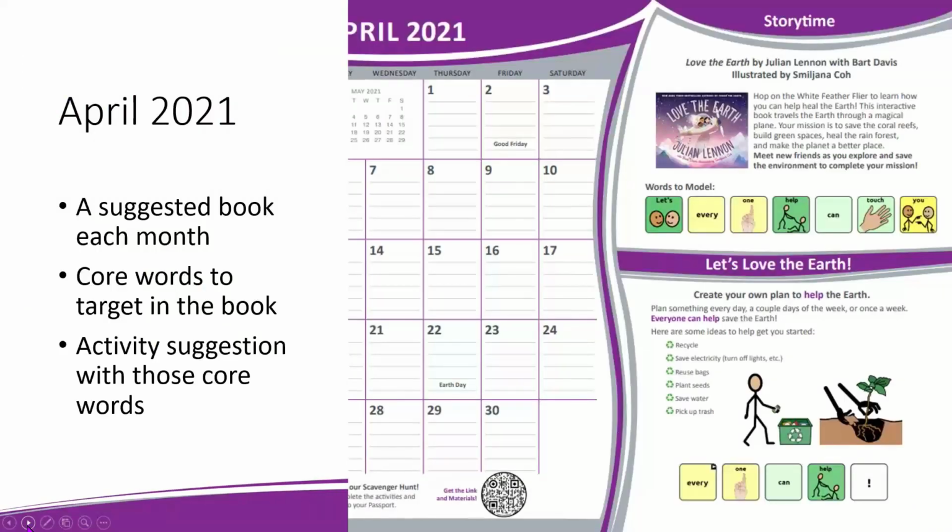So each month, there is a suggested book and core words to target in that book. These are common children's books that you can find in the library. And there's also a suggested activity that goes along with each monthly reading, with the core words that are suggested.